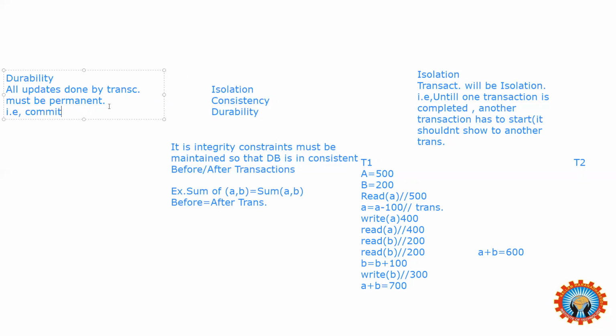When you say the commit statement, it is durability. That is, the transaction is done, and then it is made permanent. It is used if a power loss happens; by default the system will rectify.